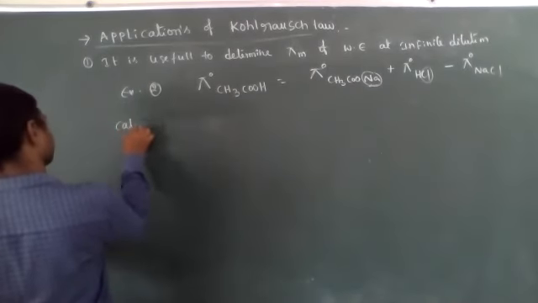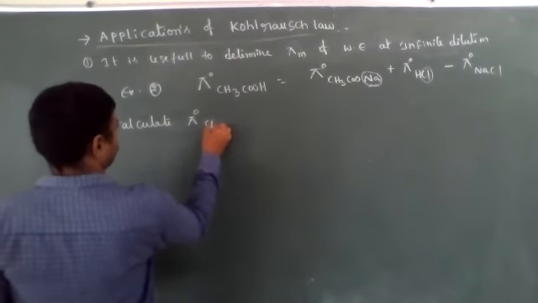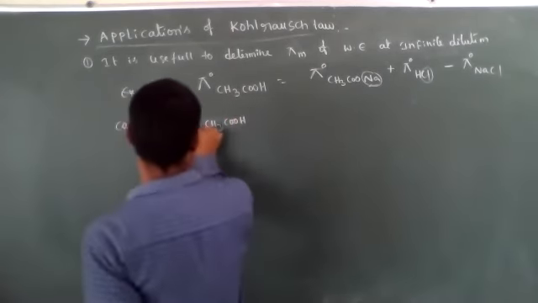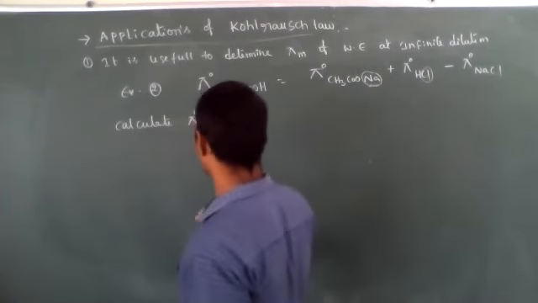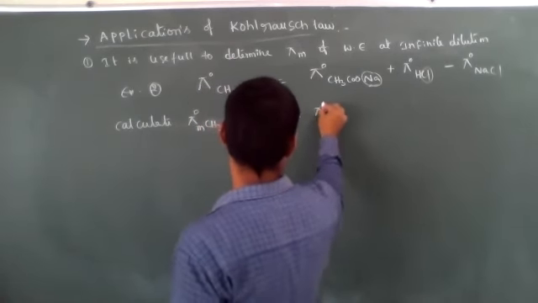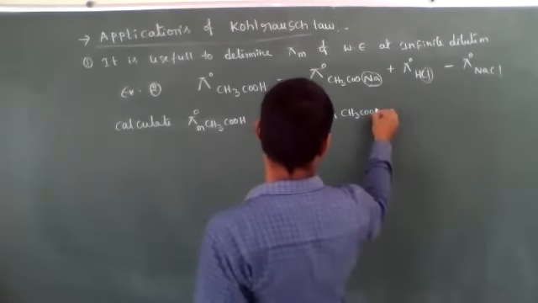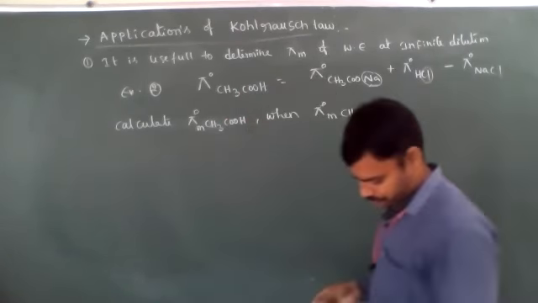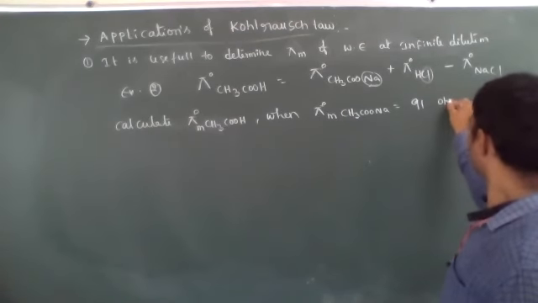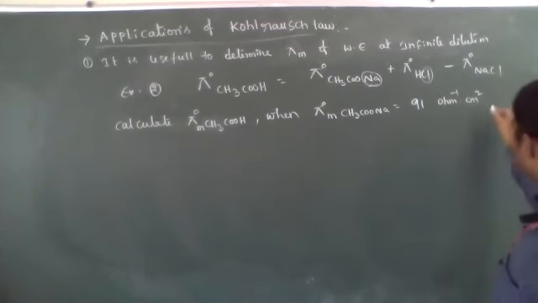Calculate the molar conductance of acetic acid, CH3COOH, when the molar conductance of CH3COONa, sodium acetate, is equal to 91 ohm inverse centimeter square mole inverse.